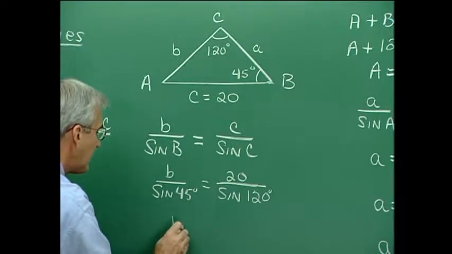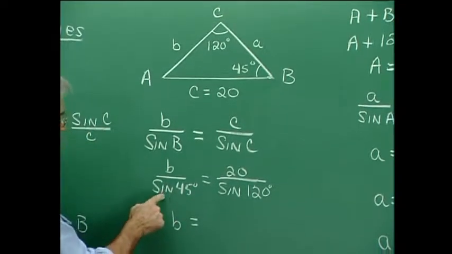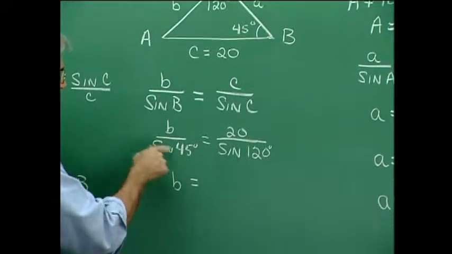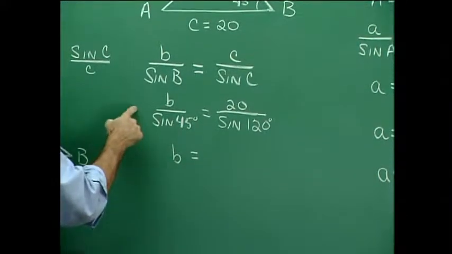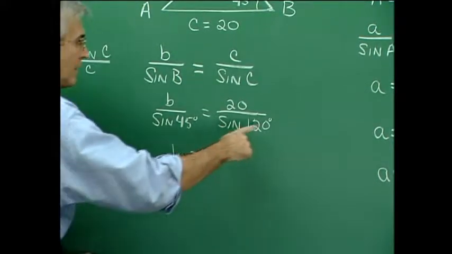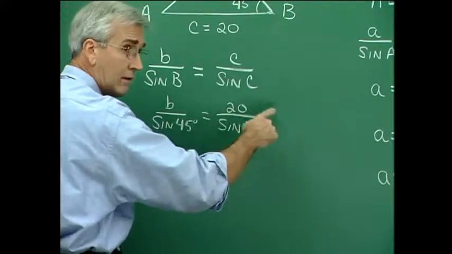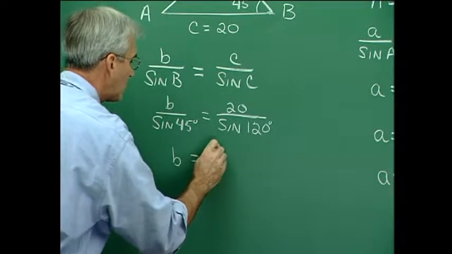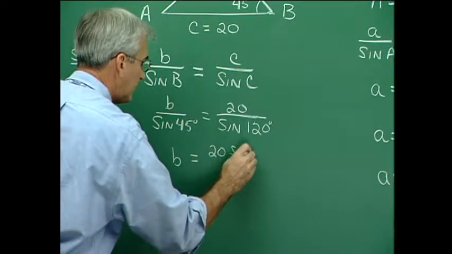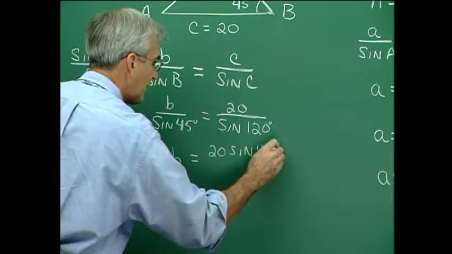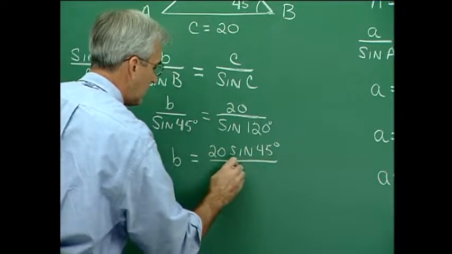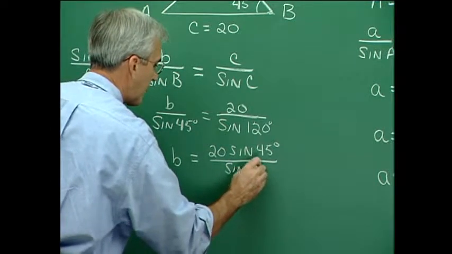So we would have B equals, now when you multiply by sine 45 over here, these would cancel. And then sine 45 over here goes into the numerator as a factor. So we would have 20 sine 45 degrees over sine 120.